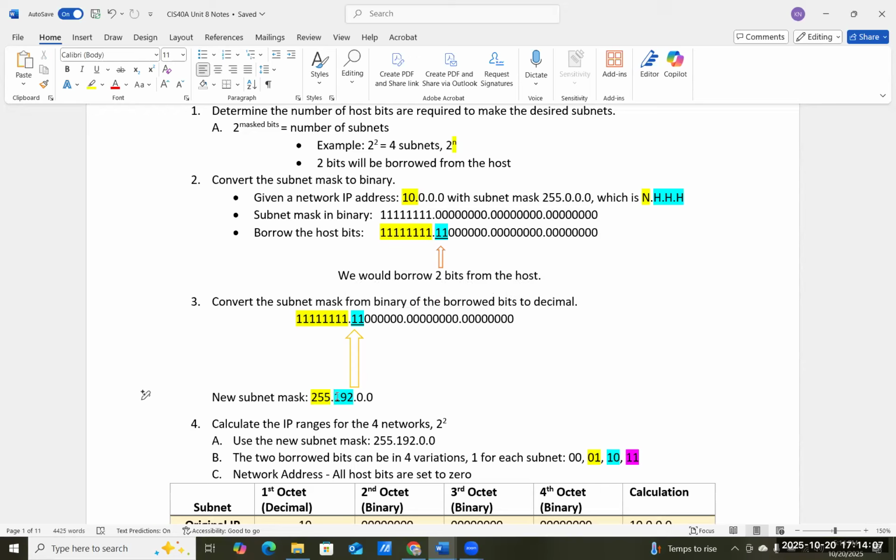So when we created the subnet, this is going to be your new subnet mask. Understand? So basically, it is a way that we can manipulate the subnet mask to be able to yield us additional subnetworks within our network. Okay. Any question?